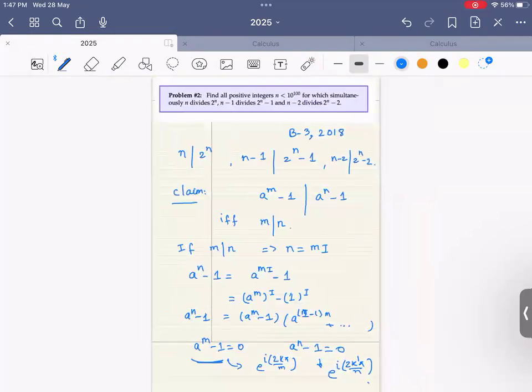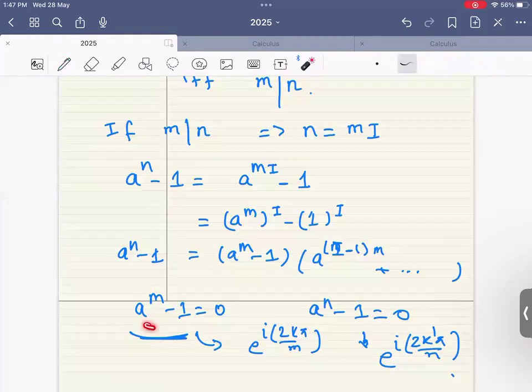Well, since all the roots of this equation are roots of this equation, that means that for some k and k dash, these numbers are going to be the same. And since they have unit moduli, we can agree that their arguments must differ by some integral multiple of 2 pi.